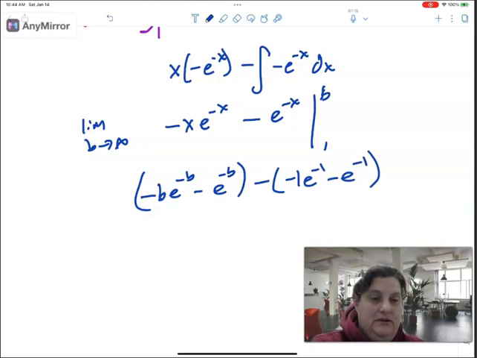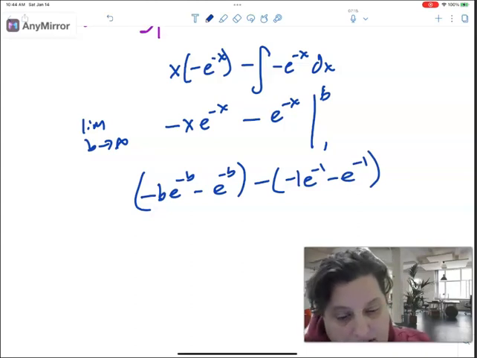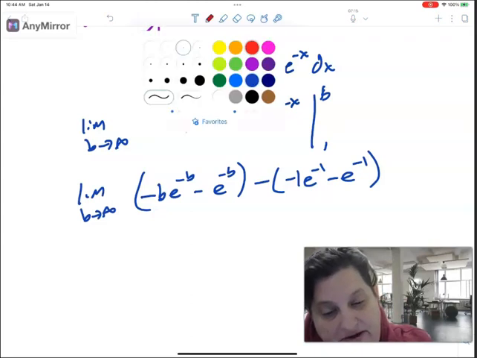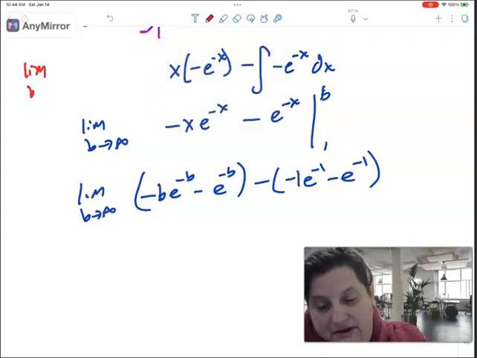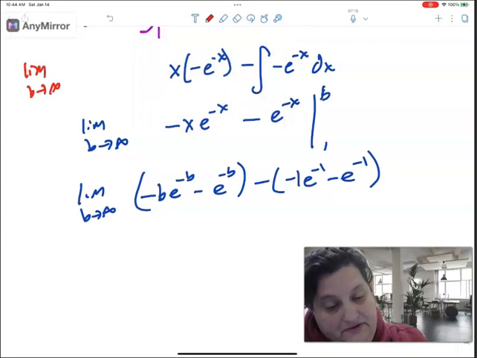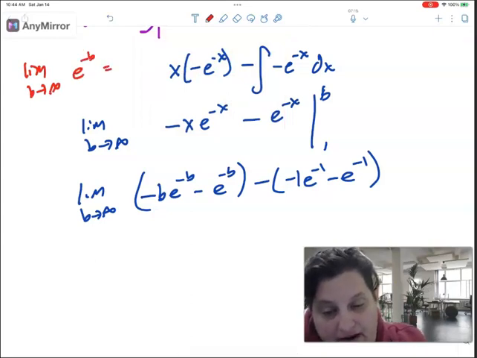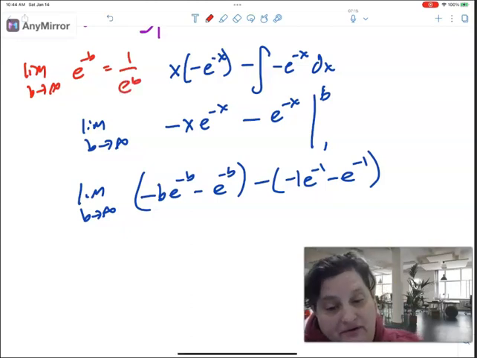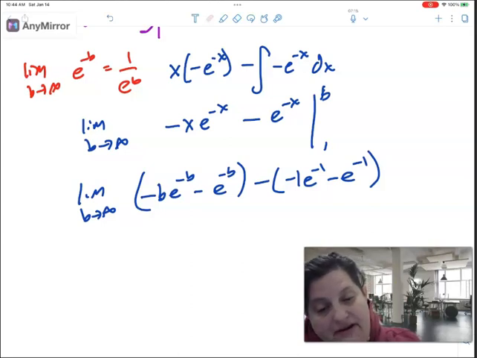A couple things I would like you to remember about the limit as b goes to infinity. What's the limit as b goes to infinity of e to the negative b? Another way of writing e to the negative b is 1 over e to the b. And if that's going to infinity, 1 over infinity is 0. So anywhere I see an e to the negative b, that's a 0.